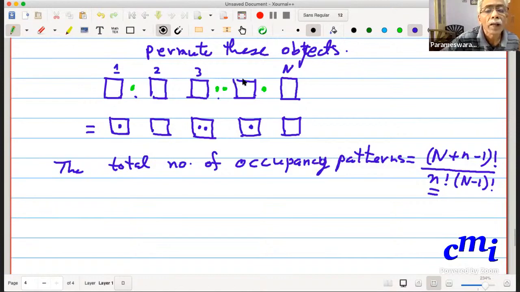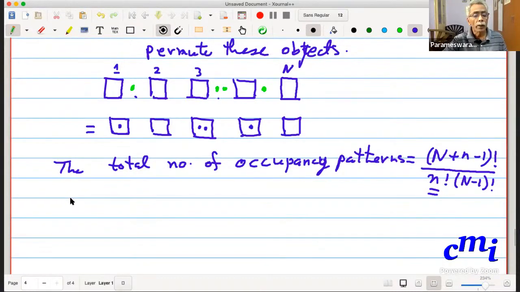Like I said last time, you fix these first n cells, little n cells, and then you find out in how many ways you can put one particle in each one of these. There is exactly one way because the particles are indistinguishable.